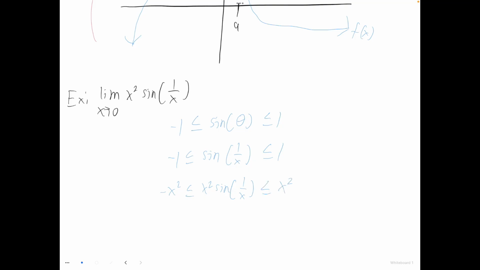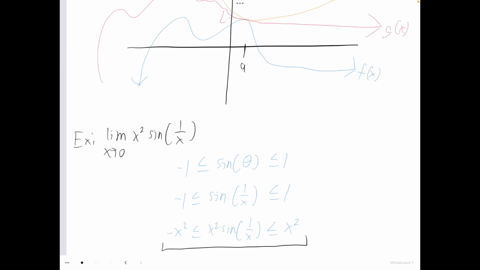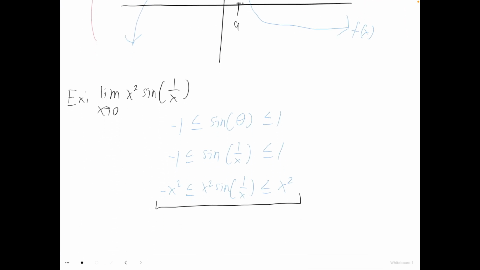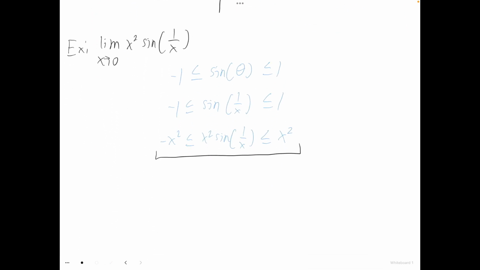And so I have an inequality with 3 things in it. And that's the same setup we have in the squeeze theorem. We have an inequality with 3 things, and the thing we want the limit of is between 2 other things. But the limit as x goes to 0 of negative x squared, that's a polynomial, so we just plug 0 in, is 0. And the limit as x goes to 0 of x squared is also 0.